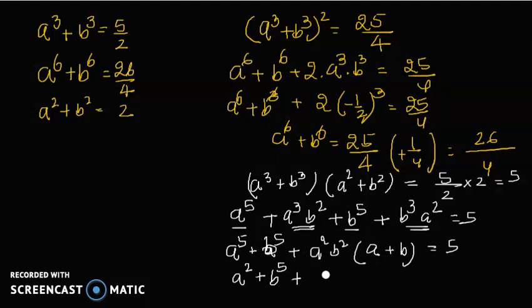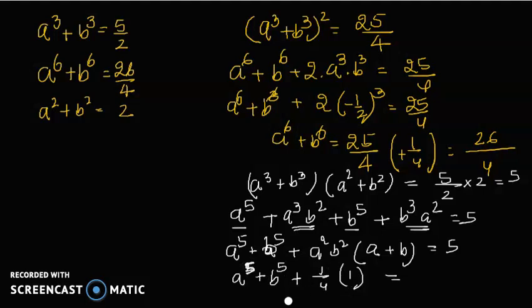So AB we got negative half, so negative half square will be 1 by 4, and a plus b is given 1. So we will write here a plus b is equal to 1, and then we will multiply this, so we are getting 1 by 4.